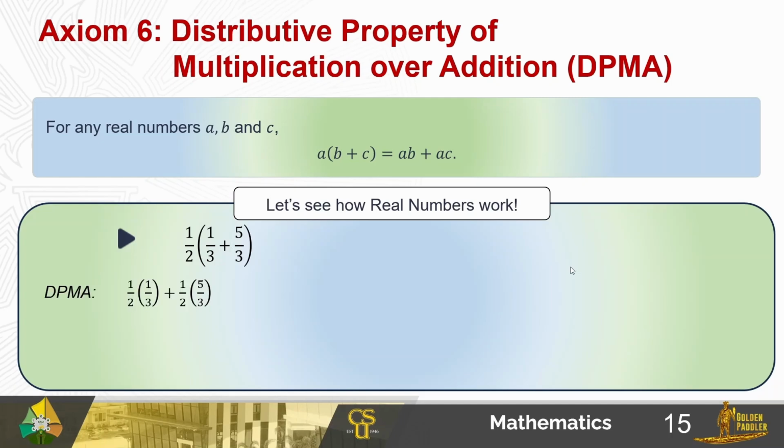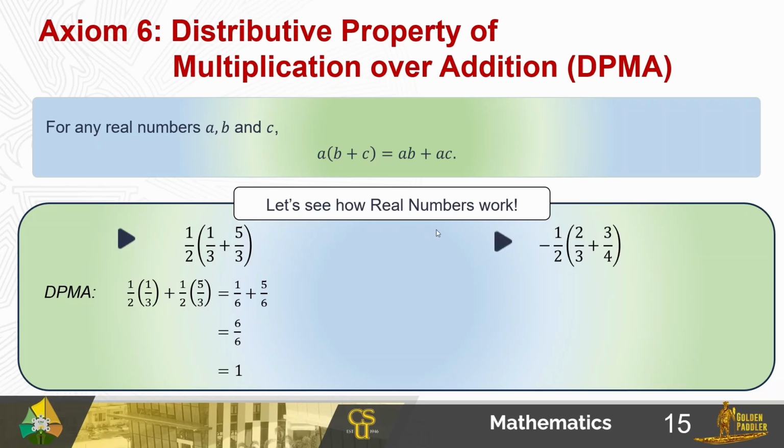If we distribute 1/2, it will become 1/2 times 1/3 plus 1/2 times 5/3. 1/2 times 1/3 is 1/6. 1/2 times 5/3 is again 5/6. Now, since you have the same denominator, you simply add the numerators. 1 plus 5 will give us 6 over the same denominator. So, we copy the 6 as the denominator. So, 6/6, that means the answer is 1.